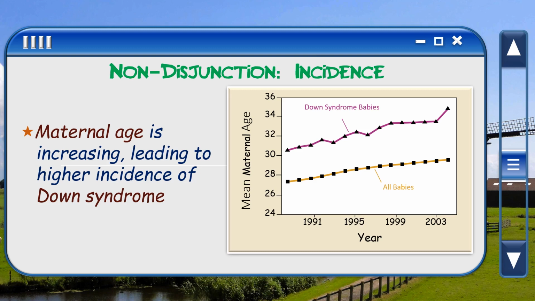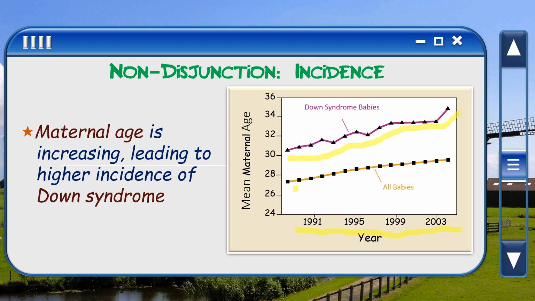And it has been seen, as years have been going on from 91, 95, 2003, that the high risk of Down syndrome babies went on increasing as the mothers went on producing babies at a high age.